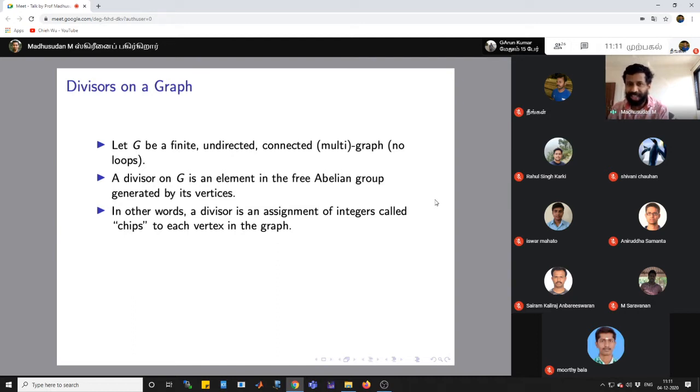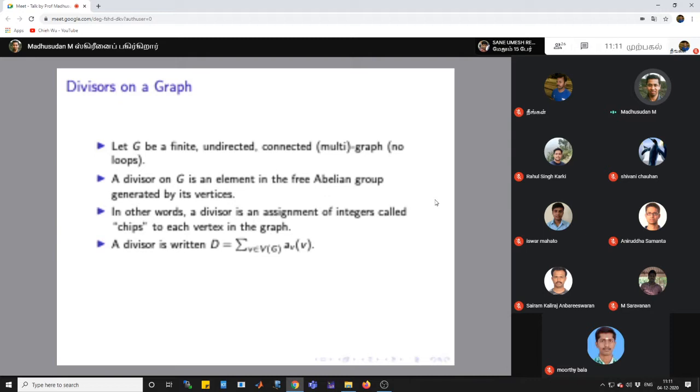So you are assigning some currency to every vertex in the graph. It has some money. You can think of it like that. Negative money, you can think of it as the vertex being in debt, and positive, it has some real actual currency there. So this is the notion of a divisor.